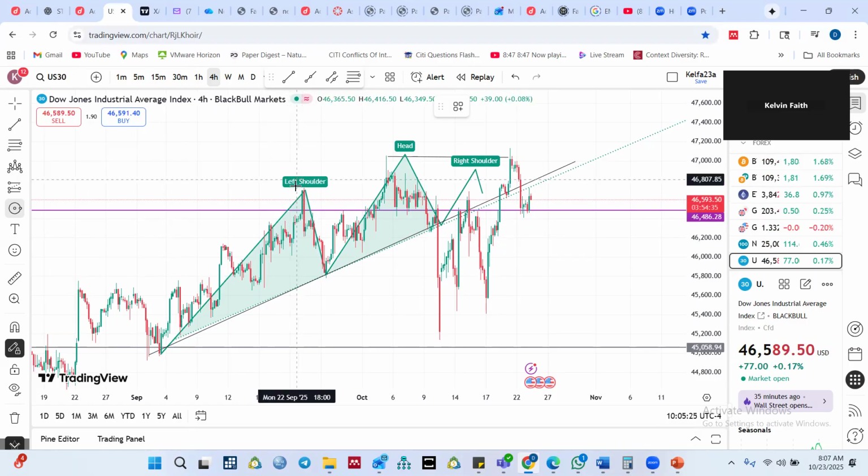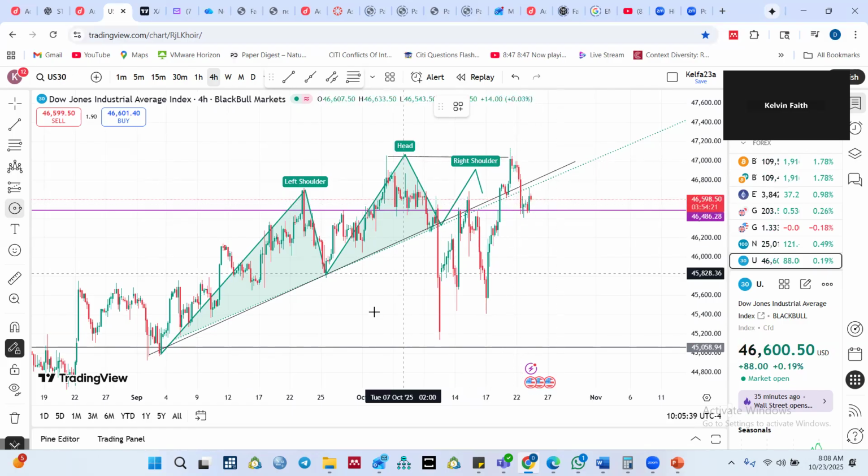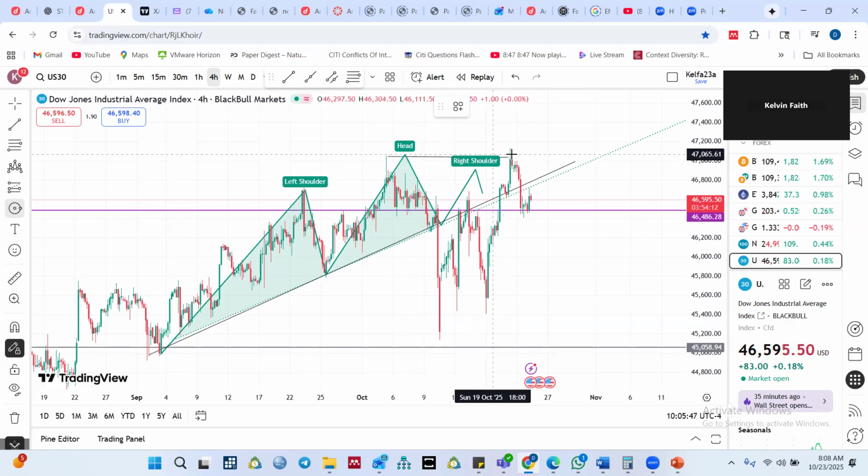A high in a bullish market, a higher high, and then a lower high or relative equal highs to form. And I need price to form a lower high. Okay, so high, higher high, lower high. So now I have a high, a higher high, and then equal highs.